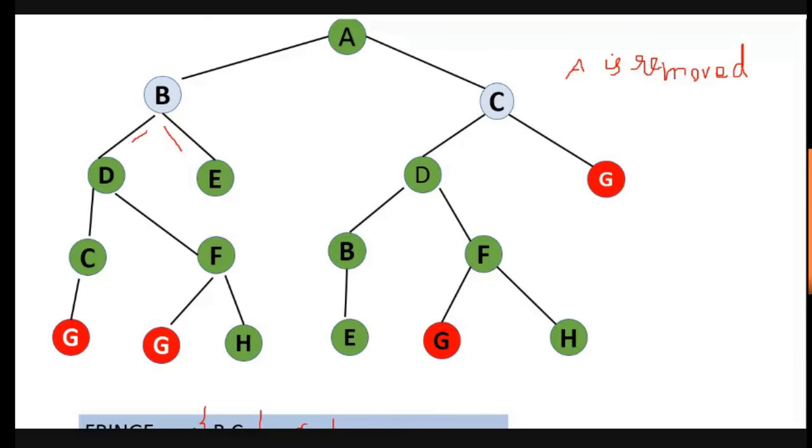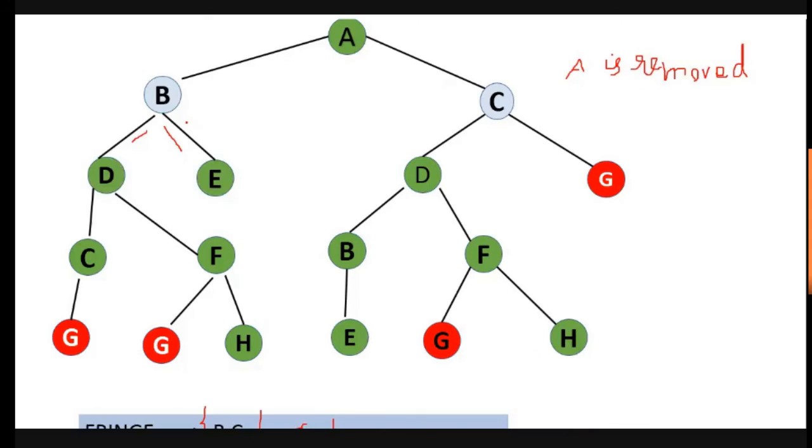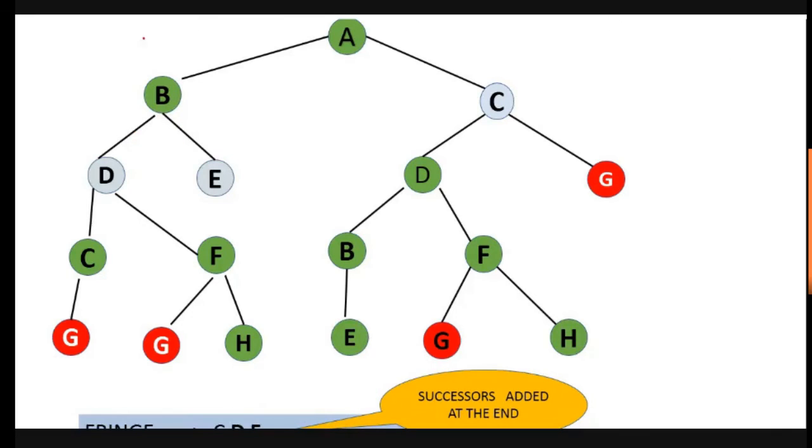See, I have removed my B, and I have attached the further successors to the end, D and E. It was here, now the successors are here. The node which has to be expanded is now facing the front side.